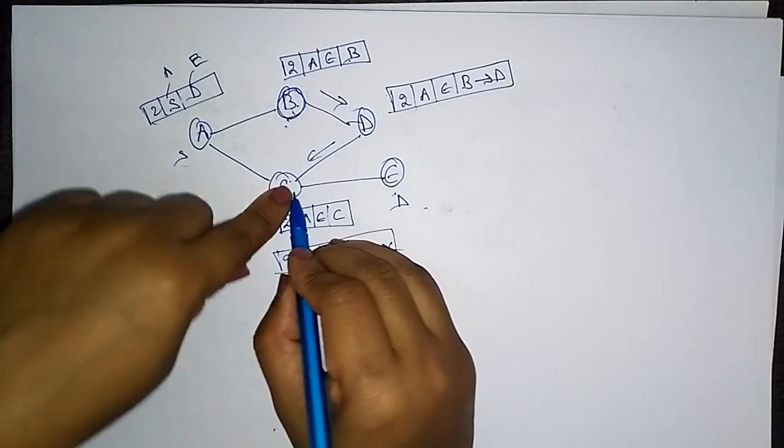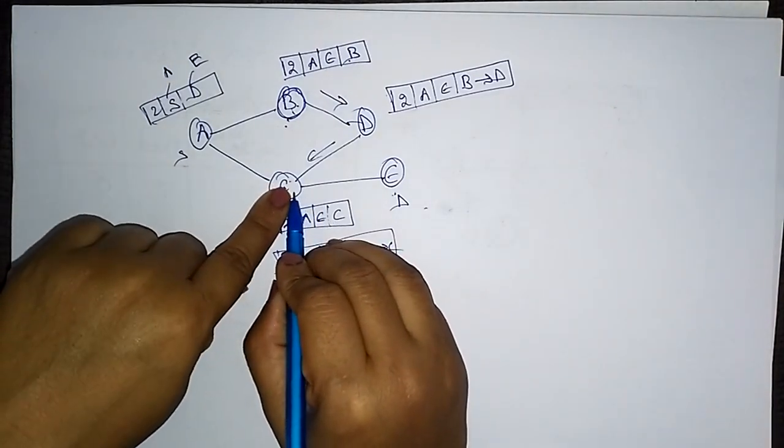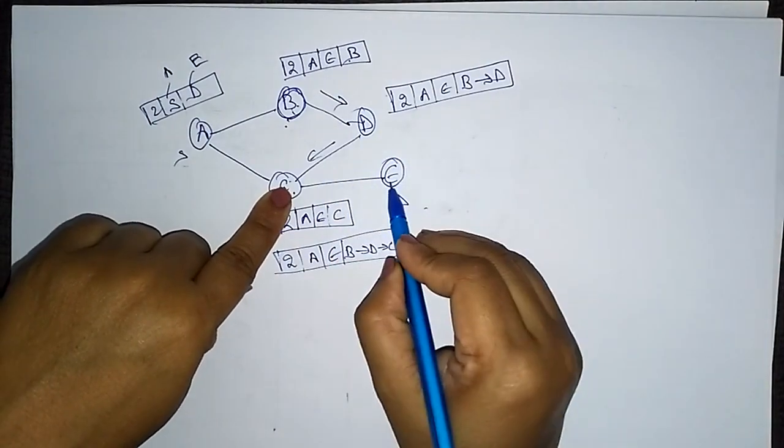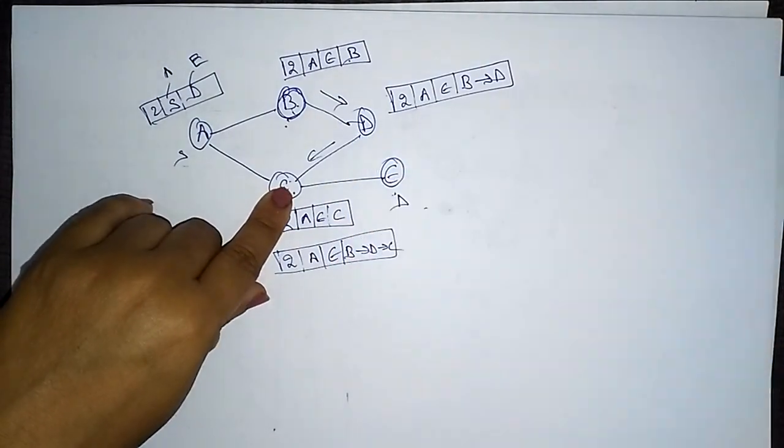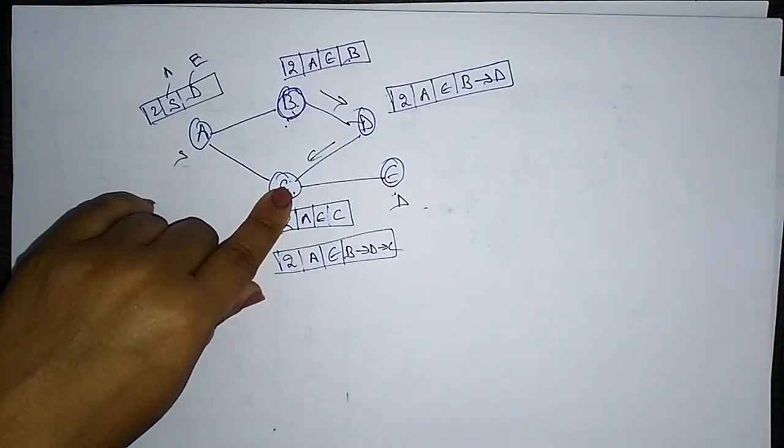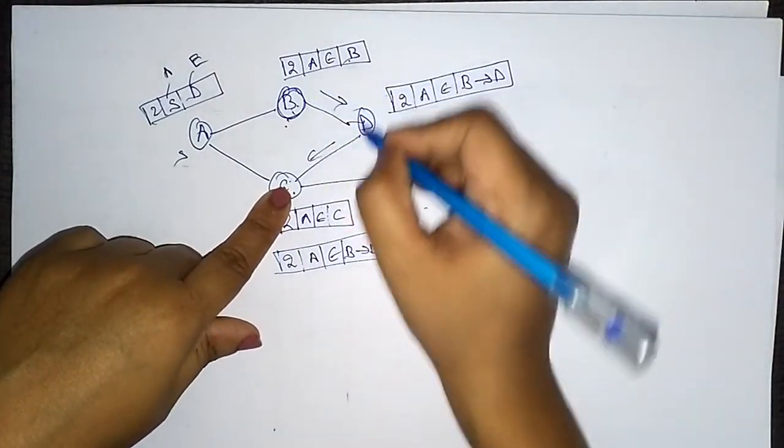Now the neighboring nodes of C are D and E. D is already visited, so we are coming from this path.